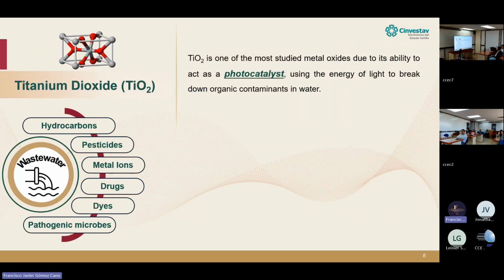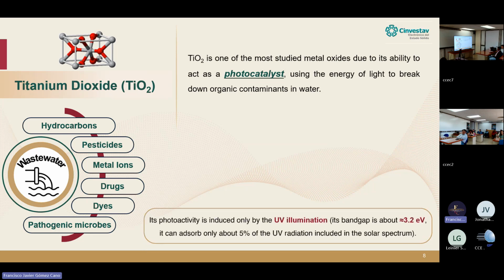One example of these nanomaterials is titanium dioxide. Titanium dioxide is one of the most studied metal oxides due to its ability to act as a photocatalyst, using the energy of light to break down organic contaminants in water. Titanium dioxide has been used to remove different kinds of contaminants, like pesticides, metal ions, drugs, dyes, and even different products associated with microorganisms.